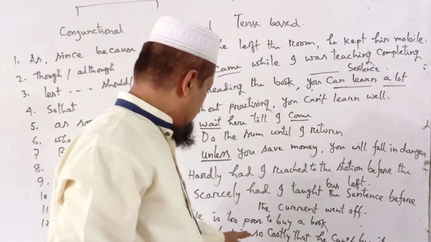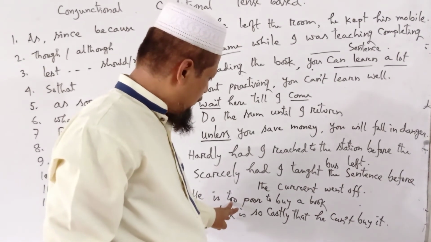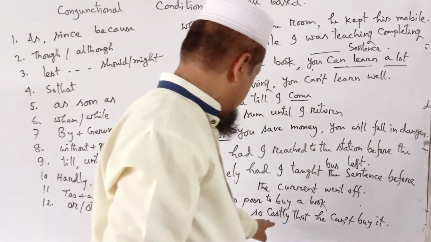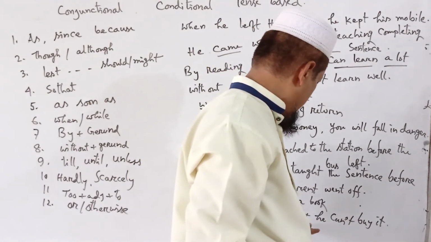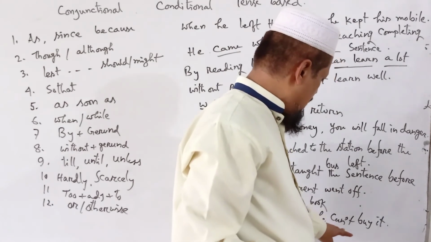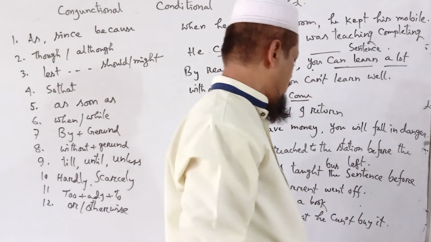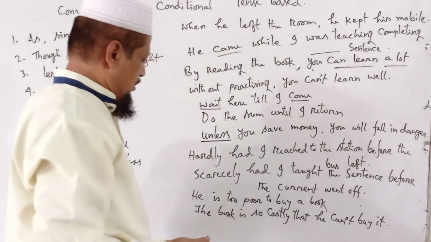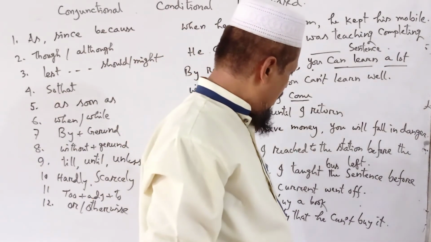If the sentence is connected with so instead of too, then in the second clause you will add that, and after that you will use subject plus can't or couldn't plus the basic form of the verb plus extension. That means, the book is so costly that he can't buy it.